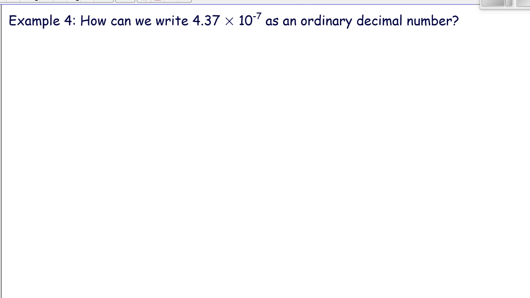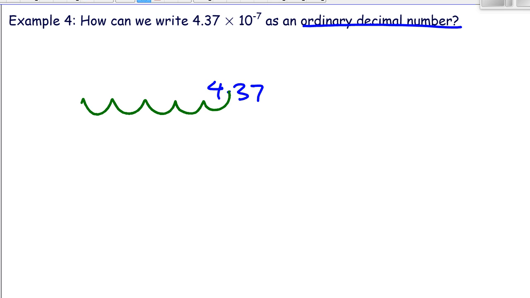Here is another example. How can we write 4.37 times 10 to the power -7 as an ordinary decimal? So that's the opposite of what we did in the previous question. So we are going to move several steps to the left, 7 spaces to the left. 1, 2, 3, 4, 5, 6, 7.